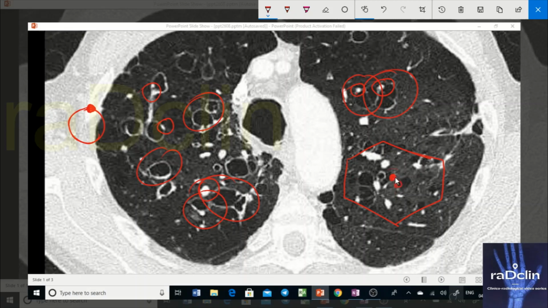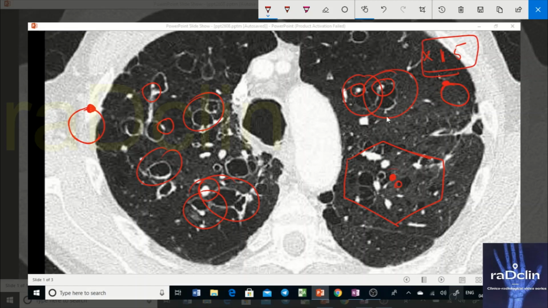And if you remember the signet ring sign, it is seen in bronchiectasis, in which you see a vessel and a bronchus. The bronchus gets enlarged to that extent it becomes larger than the vessel. It is never larger than the vessel normally, but here it becomes nearly 1.5 times the vessel, and that is what we call the signet ring sign to be positive.